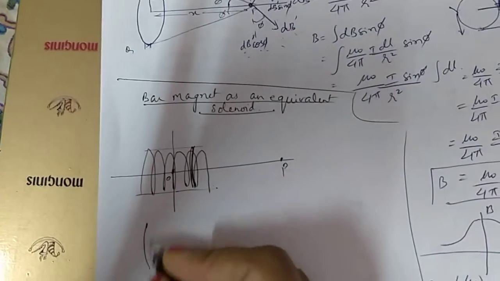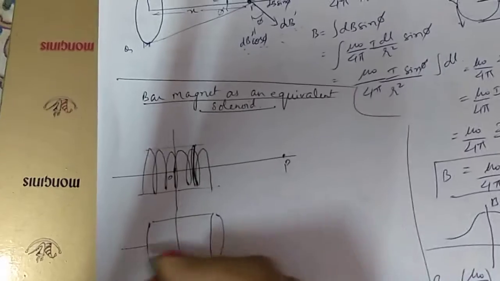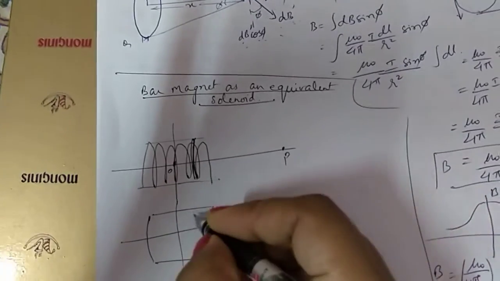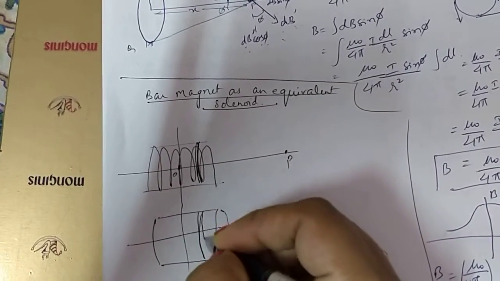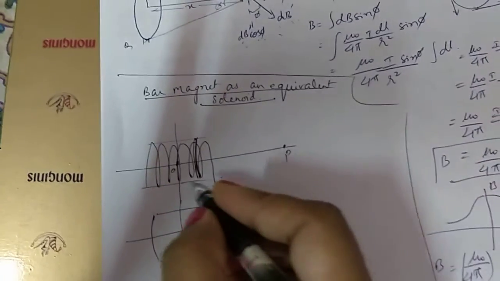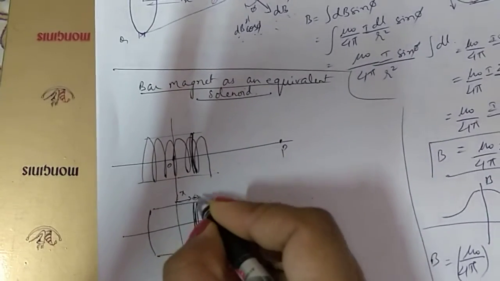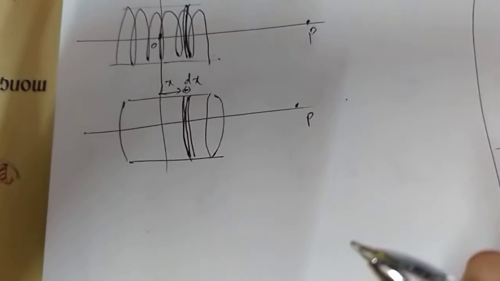In a short way, you see, it's like a cylinder, there are many turns, here is the axis, this is point P. I am taking a very small part of this cylindrical turns. There are many turns in this cylinder. Let the distance till here be x, and this very small length be dx.